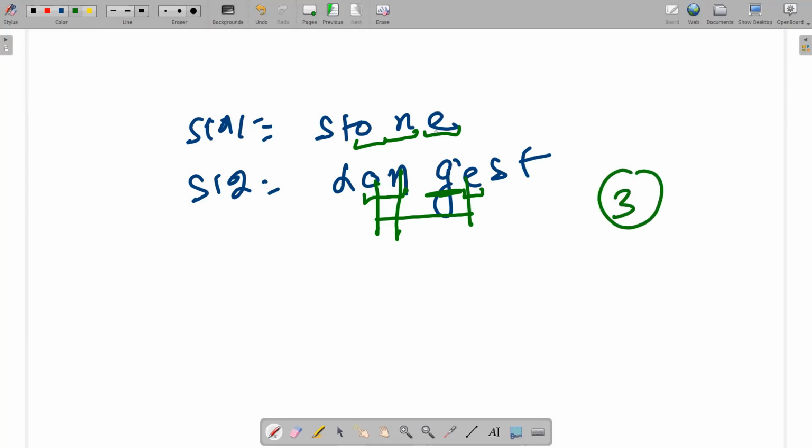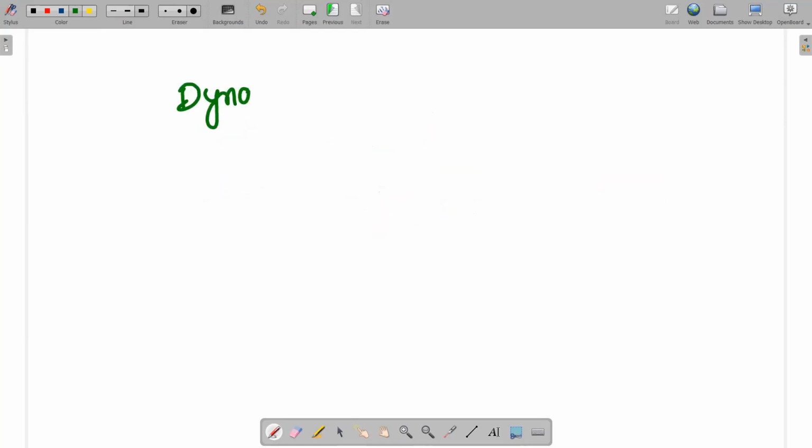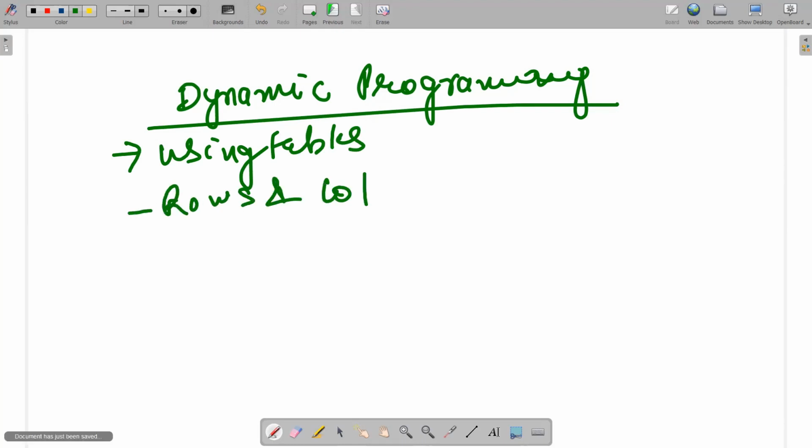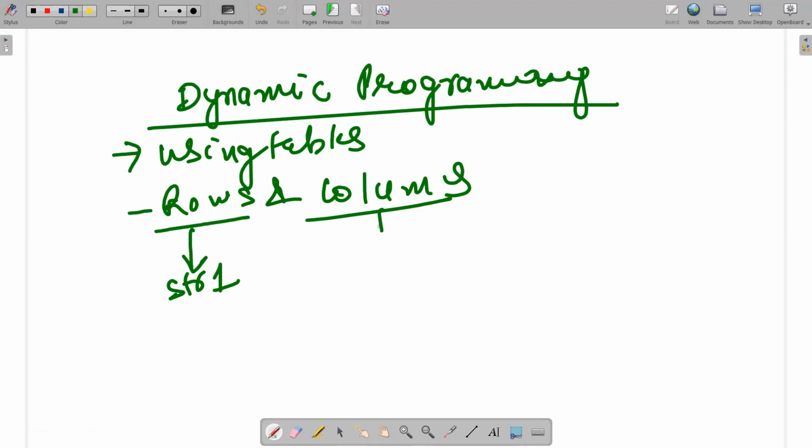This problem can be solved by using dynamic programming. As we all know, dynamic programming is a concept in which we solve the problem using tables. Firstly, we will have rows and columns. You can put one string in a row and one string in the form of a column.